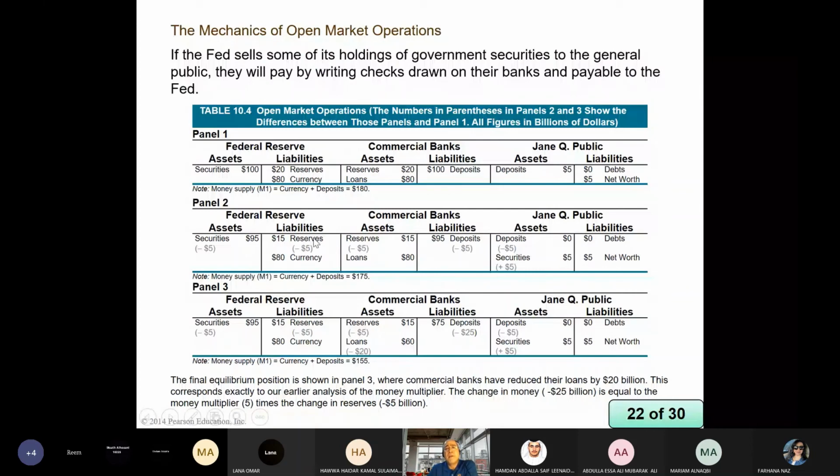Let's go to the balance sheet of the commercial bank. The commercial bank used to keep reserves of 20. The reserves will decrease by 5 to 15, because the commercial bank pays 5 dirhams to the central bank. Also deposits will decrease by 5. So see here, we cut 5 dirhams from reserves as cash, and we cut 5 dirhams from total deposits. The loans are the same.